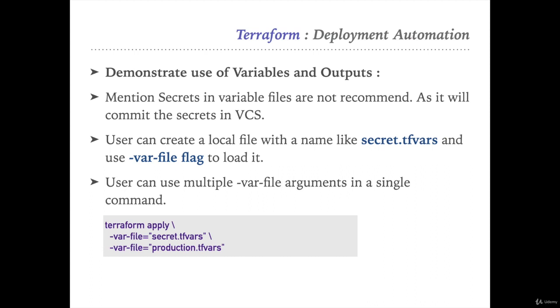And if you want to use another variable file, you can use the same flag again, -var-file equals to another variable file. So you can have n number of variable files, and you can use them in the terraform apply command with the -var-file flag. There is no limitation.